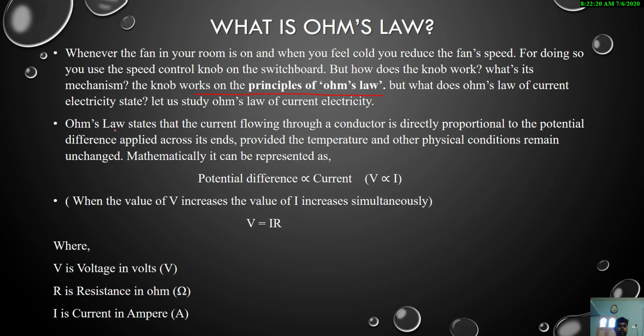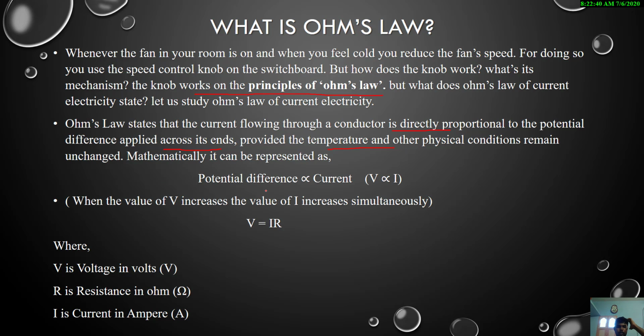We will see the short statement of Ohm's law. It states that the current flowing through a conductor is directly proportional to the potential difference applied across its ends, provided the temperature and other physical parameters remain constant.